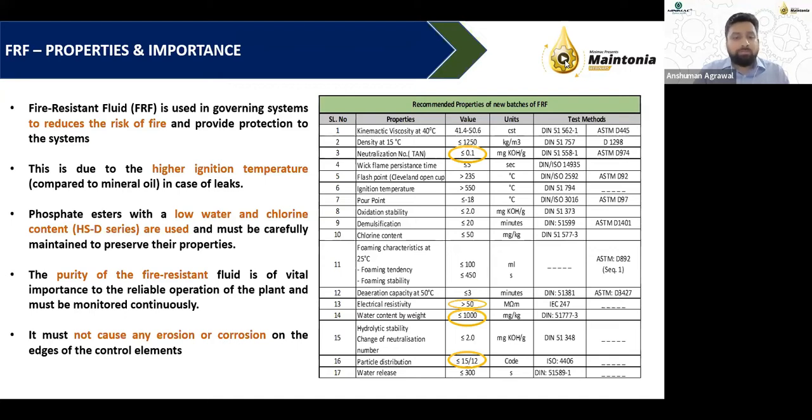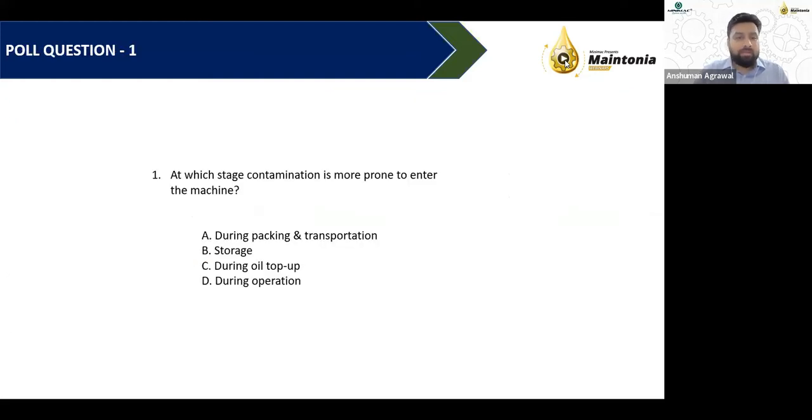Before that, of course, you might have to suffer some amount of production loss, or maybe a higher amount of production loss based on the total TAT which you take to rectify your problem in the control system. So taking forward, the best conclusion from this slide would be to monitor your fire resistant fluid properties regularly for all these properties, and if not all, at least these four properties which have been mentioned here. So here's a poll question just to understand.